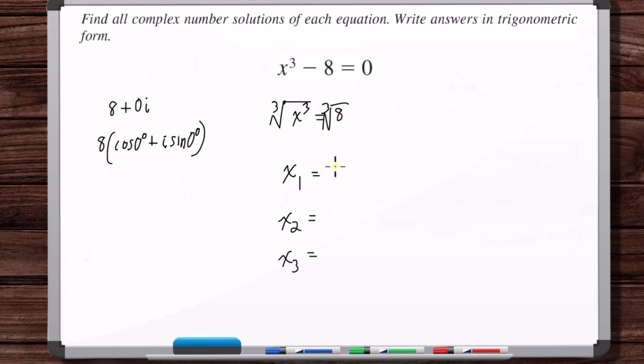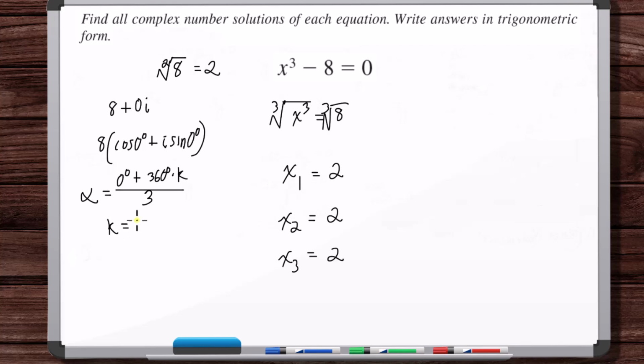Okay, so let's see. Radius of all of these is going to be 2. Now the alphas, we've got 0 degrees plus 360k over 3, with k being equal to 0, 1, and 2. So we got alpha 1 is equal to 120.